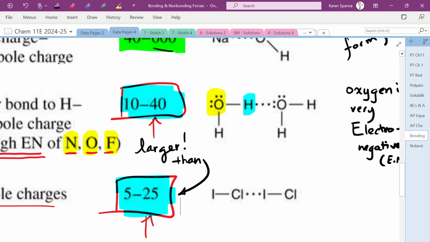Now, just while we're here, someone in the other class asked me if you could have, say, an oxygen attached to a hydrogen, and would it be okay if the other molecule was like a nitrogen and we had its lone pair there?